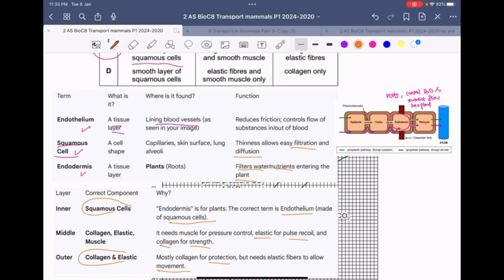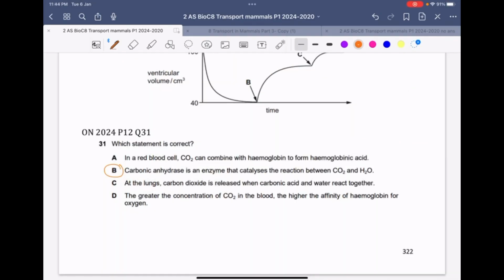Why is the first one wrong? Because carbon dioxide combined with hemoglobin will not become hemoglobinic acid. Instead, it will become carbaminohemoglobin.